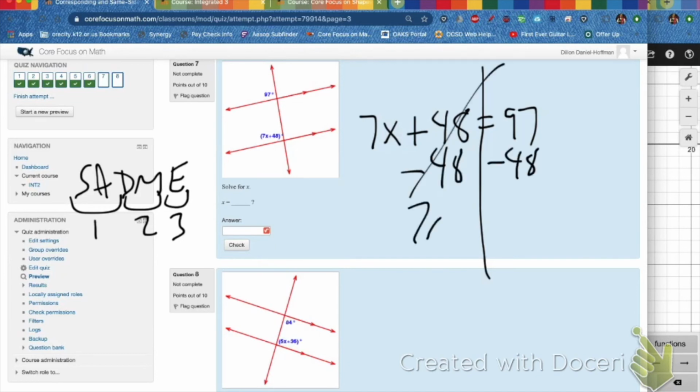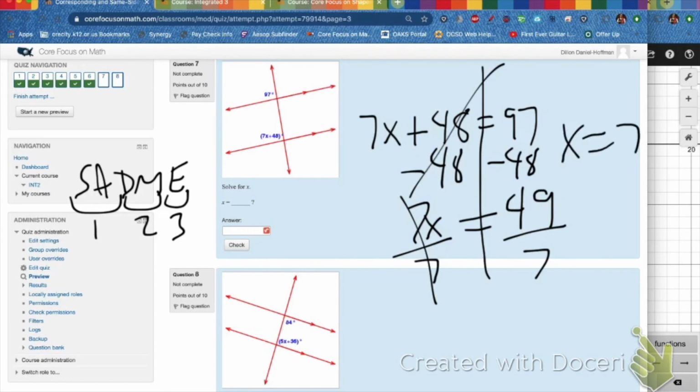I don't know why they don't give us many division to multiplication examples. 97 minus 48 is 49. Ooh, it's a perfect square because 7 times 7 is 49. So x is 7, which again I always just write 7. Never type in the x equals part.